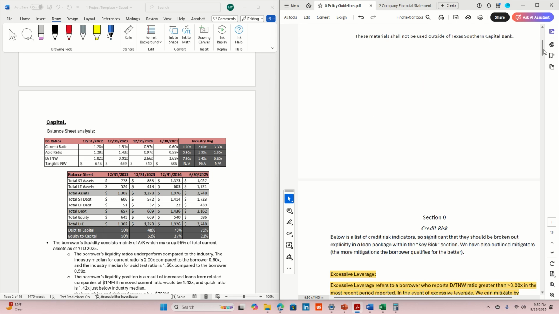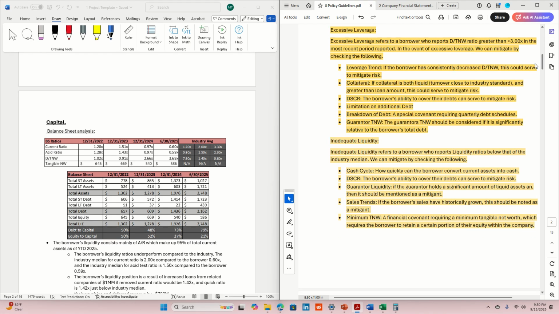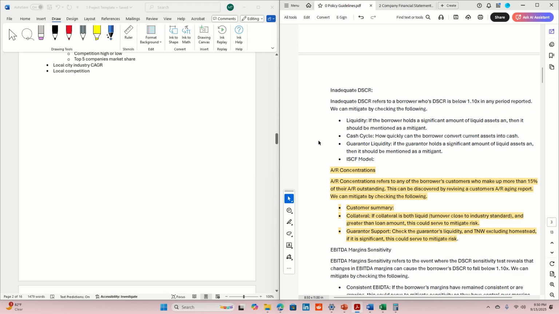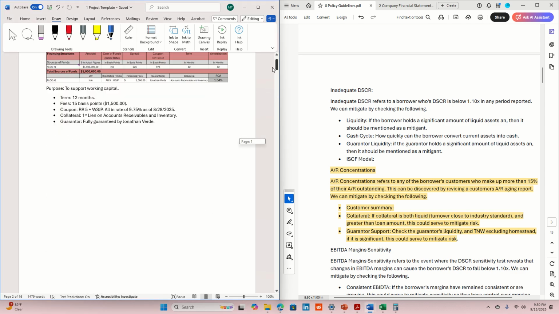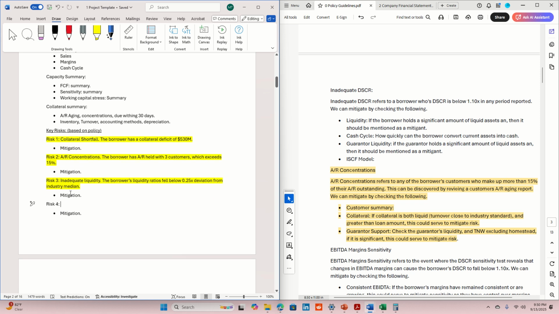Now, remember how we navigate this. You go to credit risks, and if they qualify for any of these things, then I want you to come up to the top of the project where it says analysis review, and then where it says risks, I want you to highlight and type out whatever risk it is. And this risk is excessive leverage.